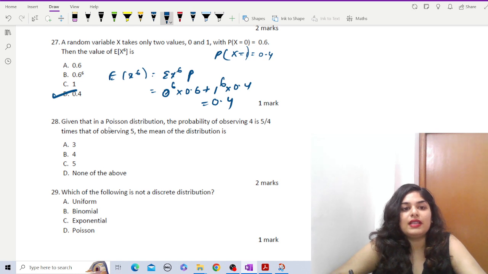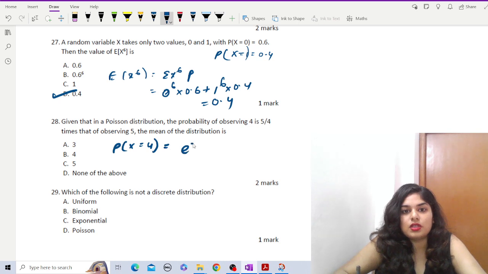Next one. Given that in a Poisson distribution, the probability of observing 4 is 5 by 4 times that of observing 5, the mean of the distribution is how much? Okay. So basically the probability of x equal to 4 for the Poisson distribution is e to the power minus lambda, lambda to the power 4 by 4 factorial.